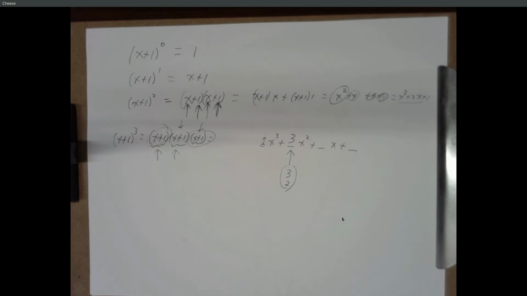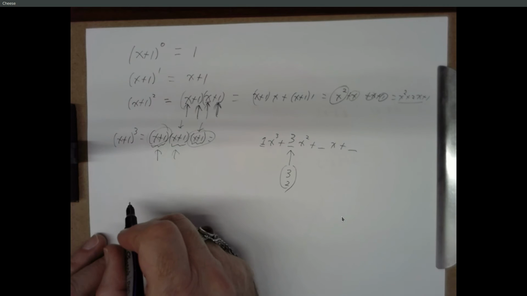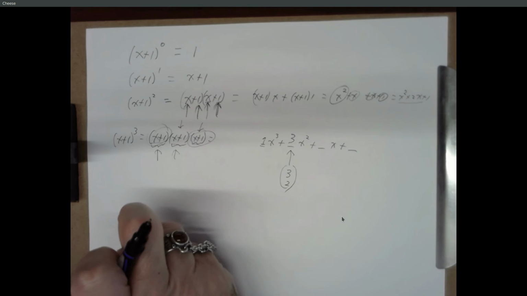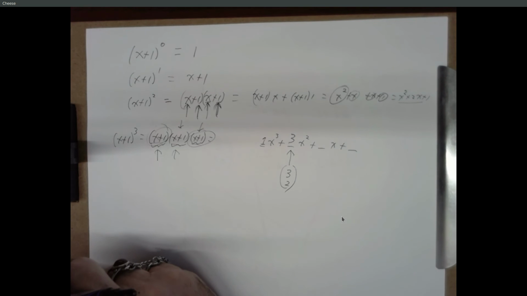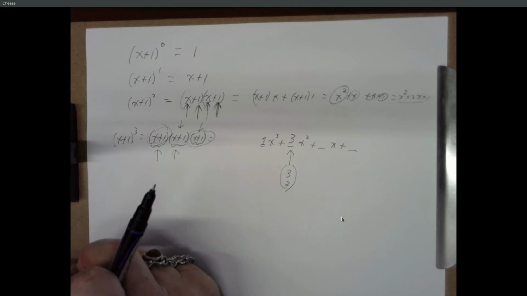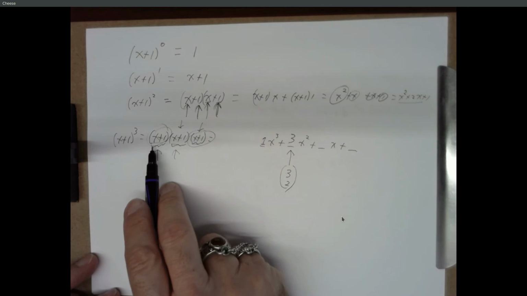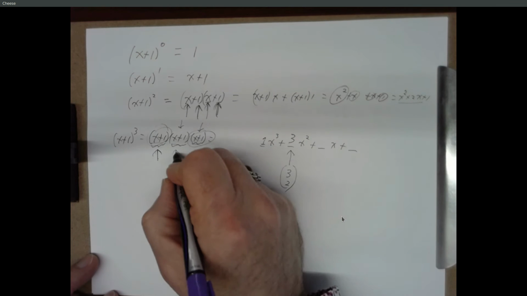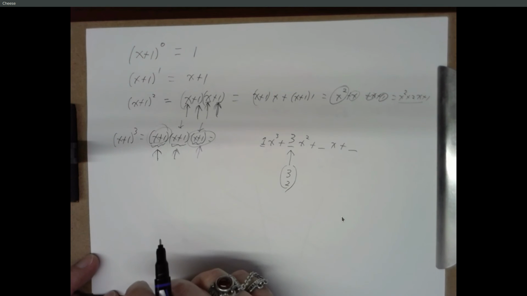Okay, exact same thought process. I want to get an x. So I'm going to pick something from here, here, and here, and when I multiply, I want a power of x to the first. And it's still 3, because in order to get a power of x to the first, I have to choose one of these that I'm going to take x from, and all the others I'm going to take the 1 from.